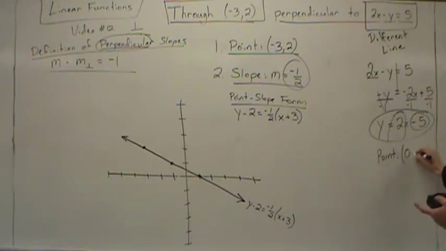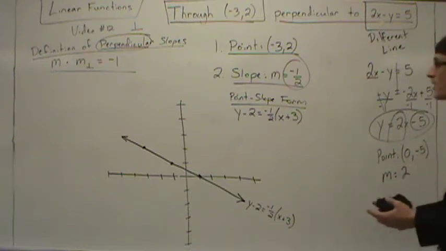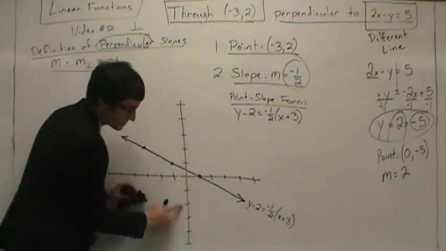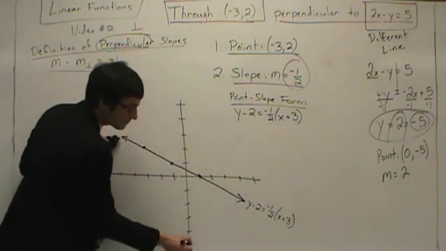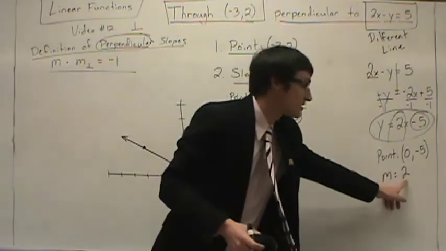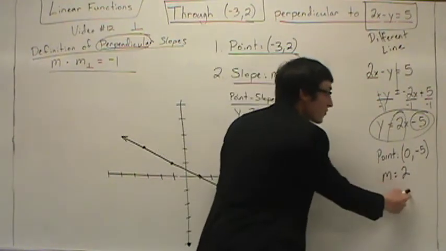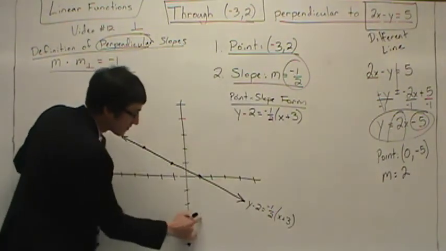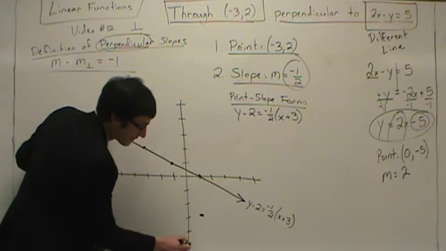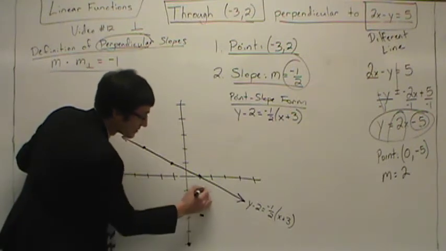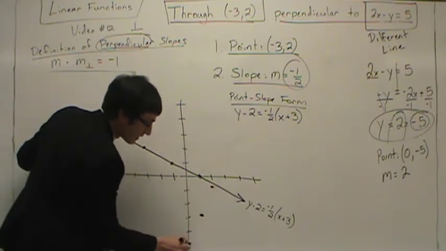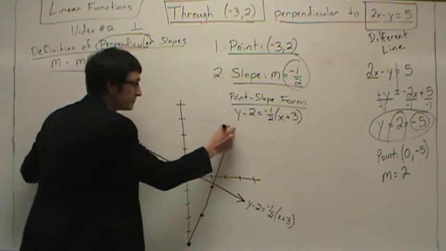Notice it starts with 0, and then -5, so the point is 0, -5, and the slope is 2. So let's graph the point 0, -5, which is here. And the slope is +2. This means go up 2, right 1, from here up 2, right 1, and let's graph this line. We can do it again, up 2, right 1, and graph the line.